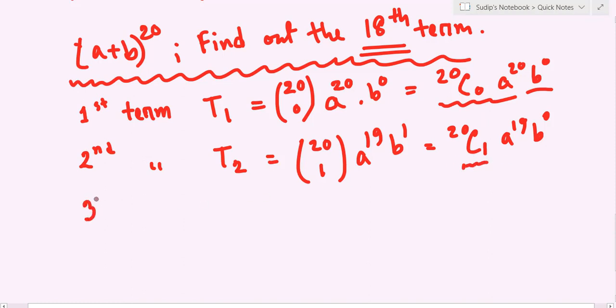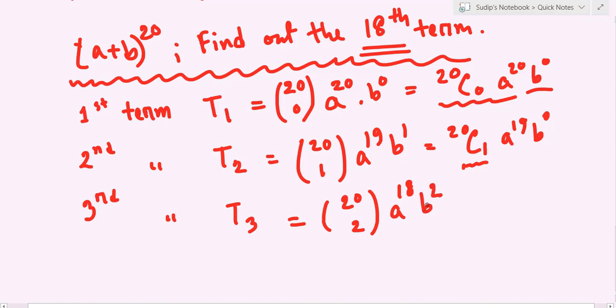So the third term is T3. T3 equal to 20C2, and the power of a here will be 19, then 18, and the power of b will increase, so b to the power 2.